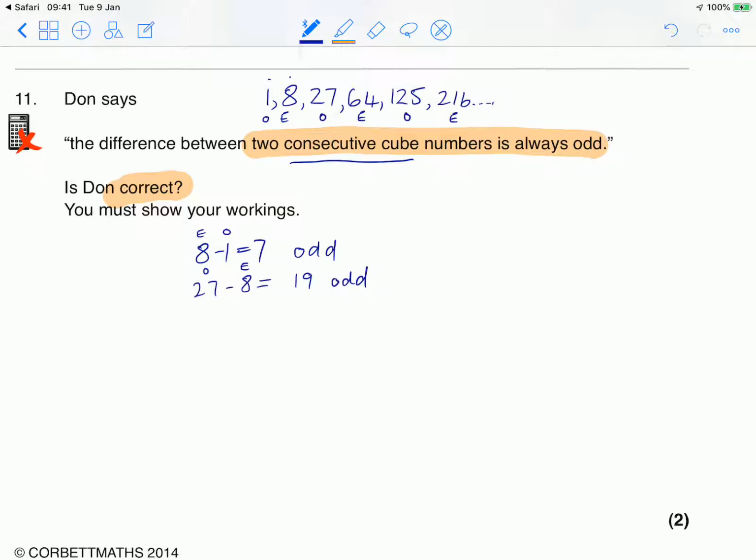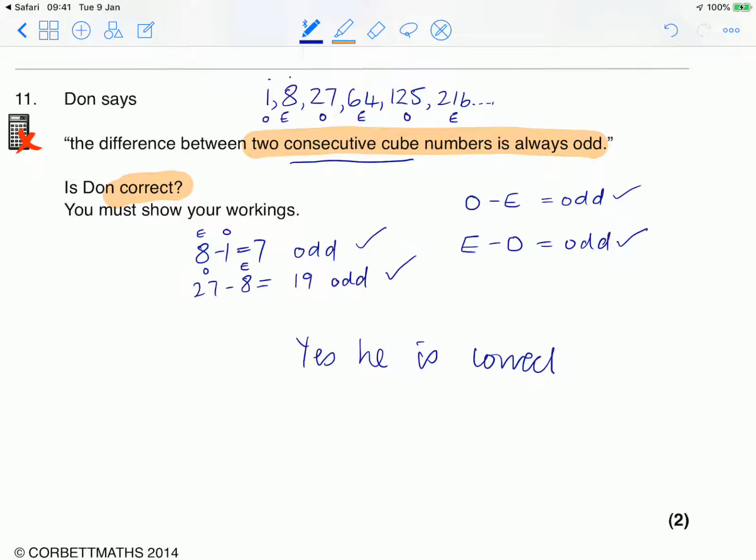And whenever you have an odd take away an even, or an even take away an odd, you're always going to get an odd answer. So I tested these two, and I can see that it's going to be the same as I go through any consecutive pair of cube numbers. So is Don correct? I must answer that question. Yes, he is correct.